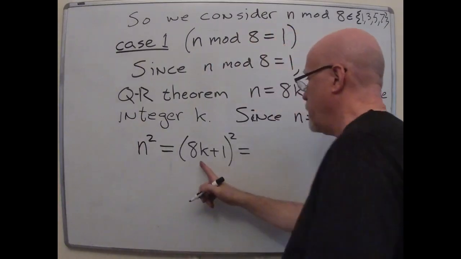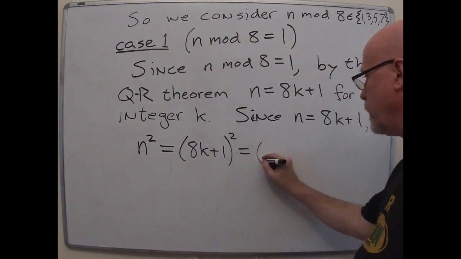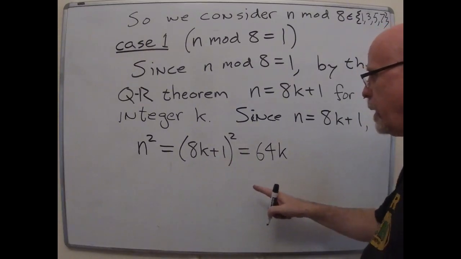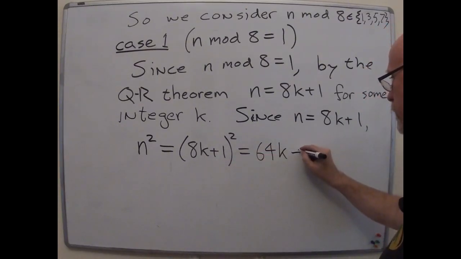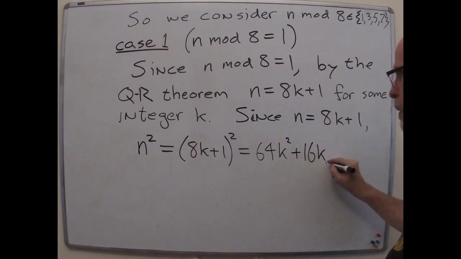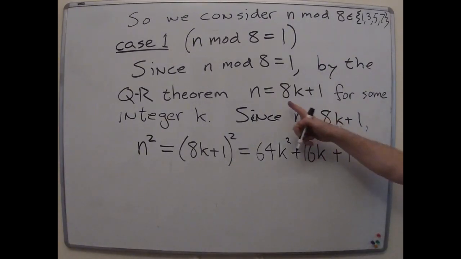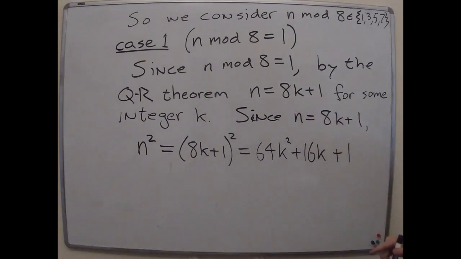Oh, that's tough. That is going to be 64k squared up front. And then there's outer times outer is 8k, but inner times inner is also 8k, so you get this 16k, and finally plus 1 on the end. Now, remember what our goal is. We want n squared to look the same way.